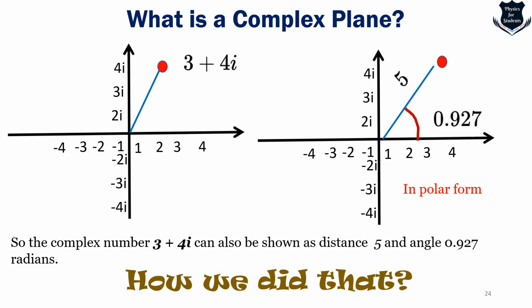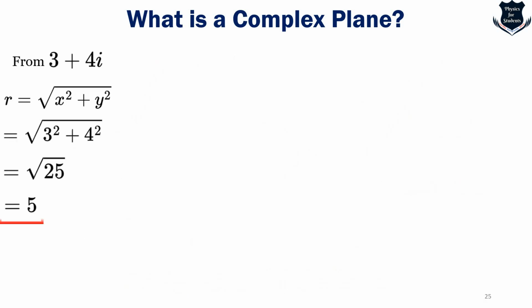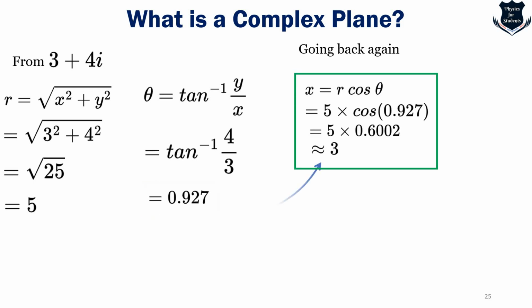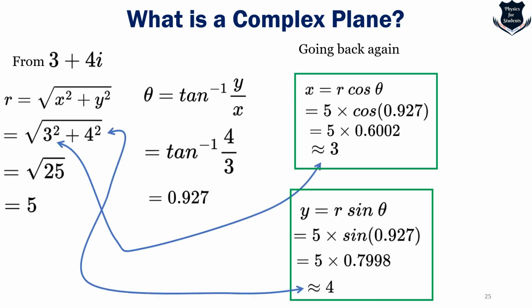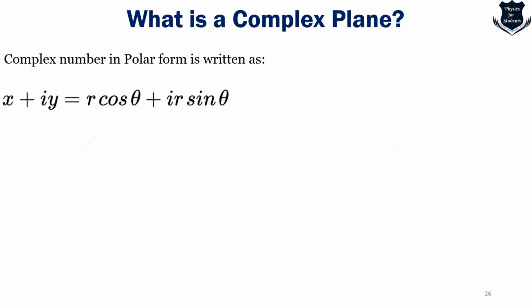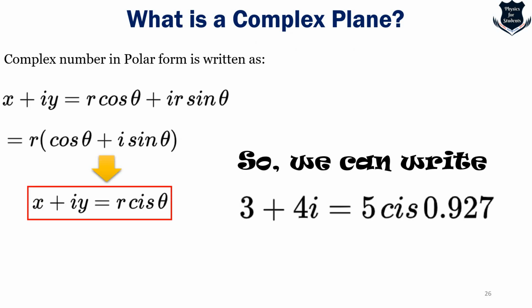So the complex number is shown at a distance 5 and at an angle of 0.927, and this is how the entire calculation comes. We get the angle with tan inverse, and from there we write it in polar form, where theta is replaced by 0.927 and cis is used as usual.